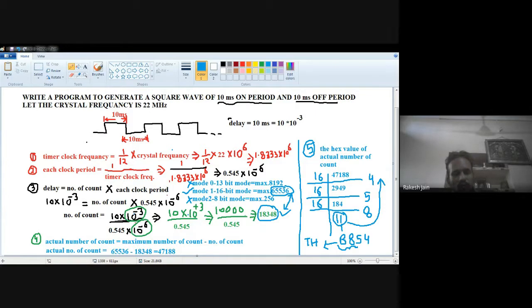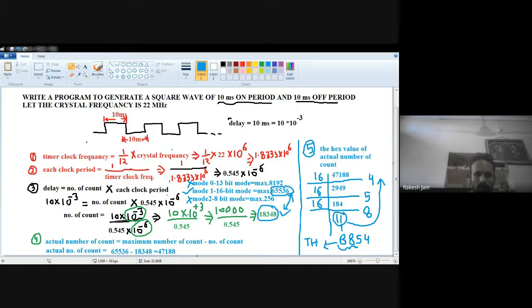So TH1 is for the higher order 8 bits of timer register 1, and TL1 is the lower order 8 bits for timer register 1. So let's suppose we choose timer 1 in our programming.